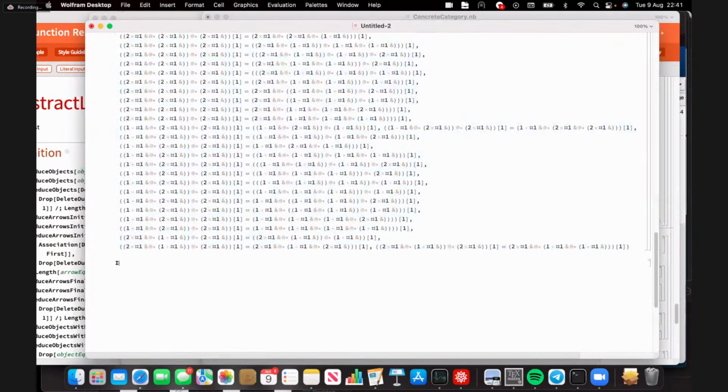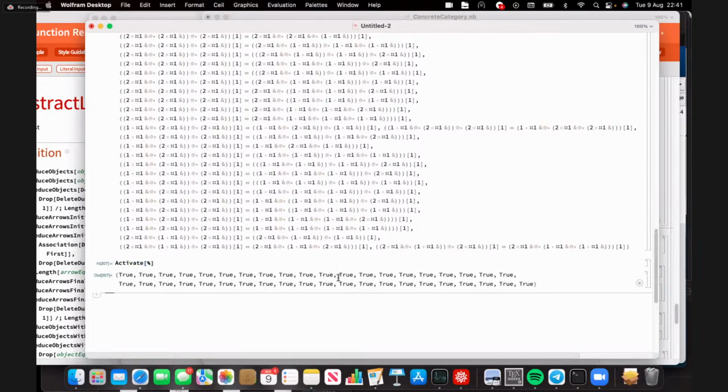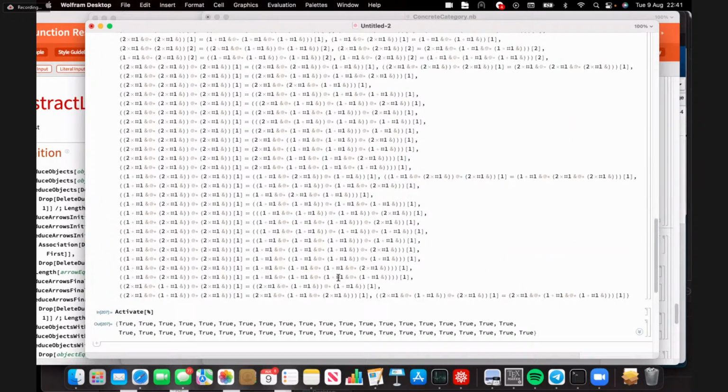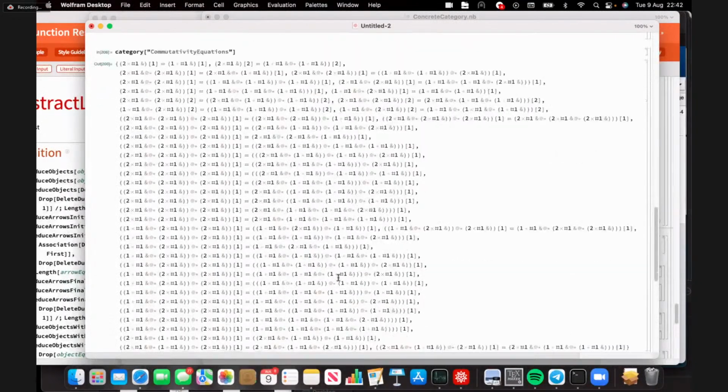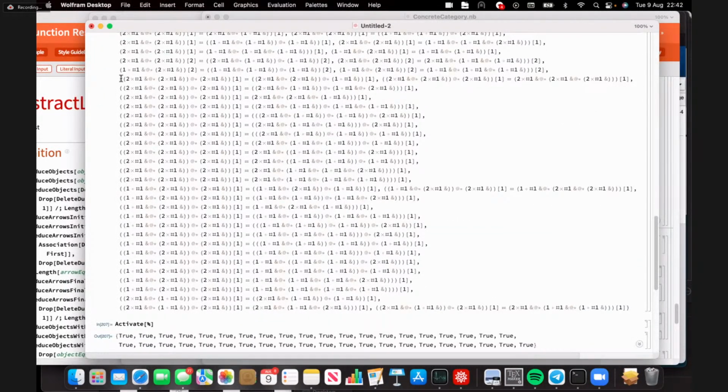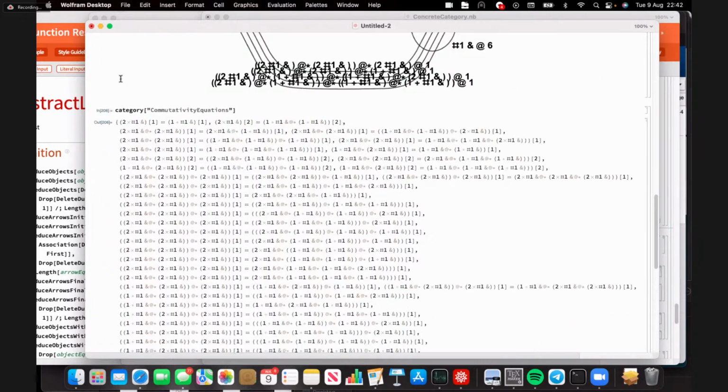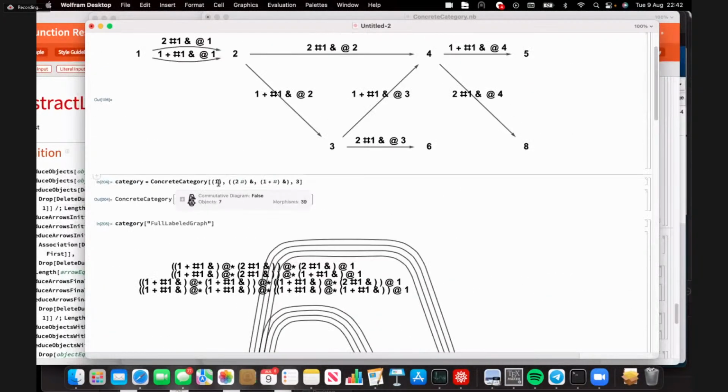So if I just say activate, there you go. Wait, are the left and right sides of those equals just composition, or are they actually applied to things like of one and so on? Exactly. They're applied to the initial condition in the end. Again, you could specify multiple initial conditions if you wanted.